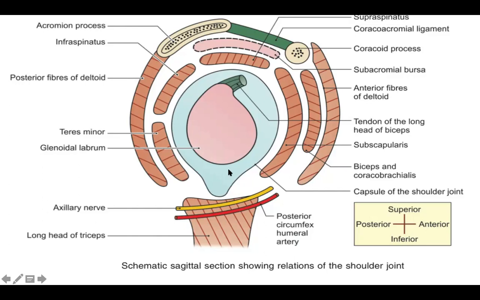If we come to the clinical correlate of the shoulder joint, it is one of the joints that can be dislocated, and it can be dislocated even easily because, as we said, its mobility is on account of its stability. So the shoulder joint can be dislocated. It is the most commonly dislocated of the joints in the upper limb. According to the joint and fracture specialists, dislocation of the shoulder is more anterior.